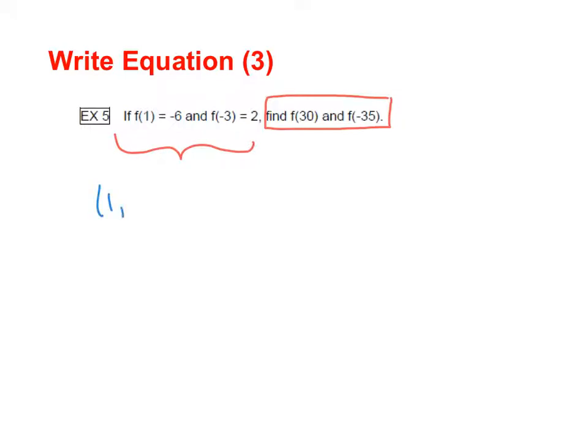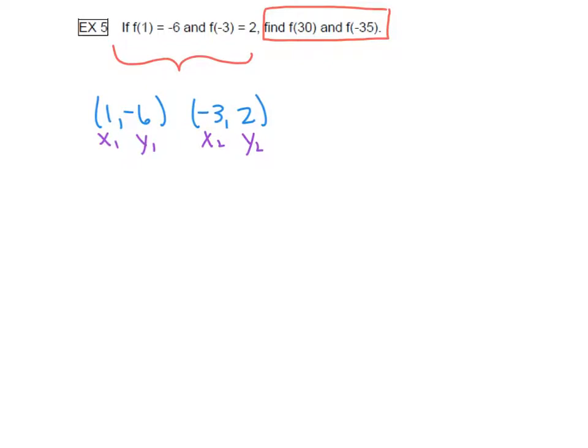So get your ordered pairs. Remember, that's coming from the input and the output, or the x and the y of function notation. We need to find our slope. So our slope is equal to y2 minus y1, which becomes plus 6, over x2 minus x1, 8 over -4, which is equal to -2.